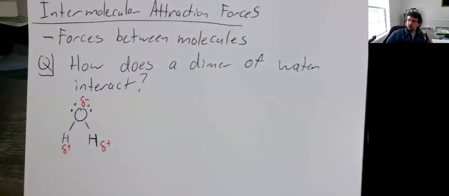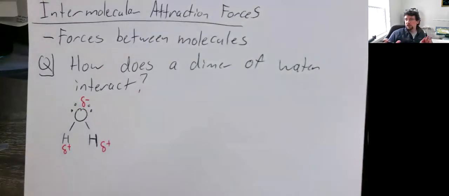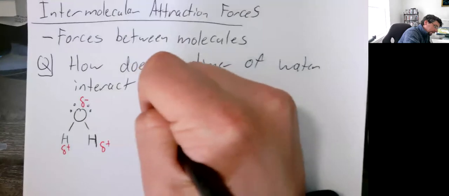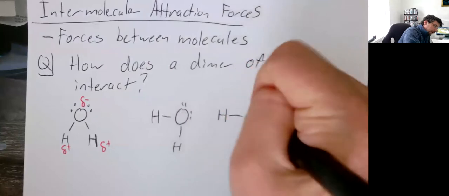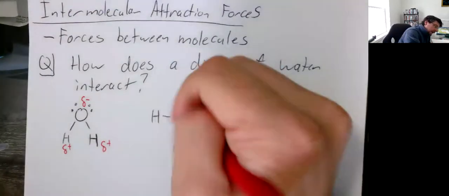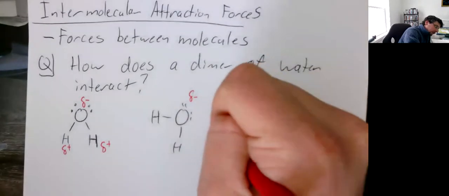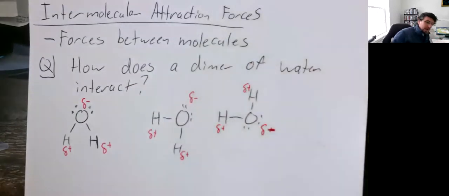Now if we think about how two water molecules will interact, basically the negative end will want to meet up with a positive end of the adjacent water molecule, because opposite charges attract one another. We know this from physics. So if we have two water molecules near one another, they should want to interact in some fashion, with a partial negative on the oxygens and a partial positive on the hydrogens.